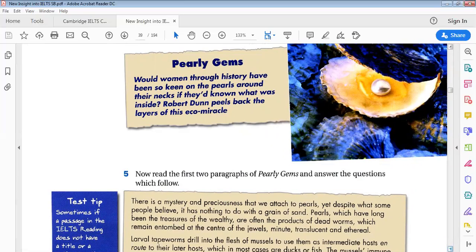Maybe he's criticizing women for wearing pearls, and also their liking of pearl might cause a negative impact to the ecosystem. First paragraph about criticism, maybe.